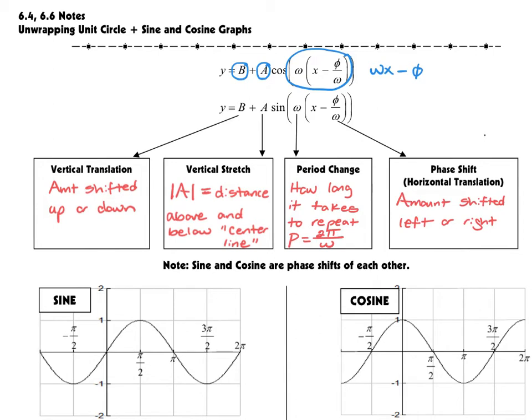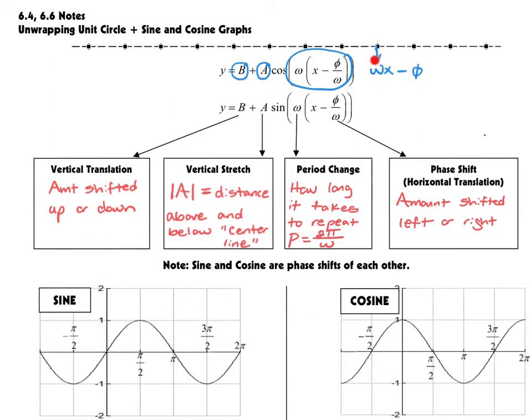So this omega, or the W, is going to tell you whether or not the period on your sine or cosine graph has changed. The period is how long it takes for the graph to repeat. If this value is just a 1, then there is no period change.